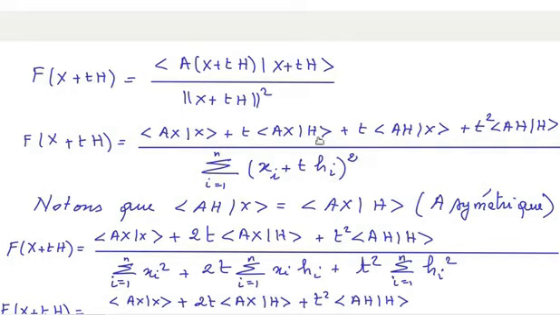Note that the numerator can be simplified since the products Ax dot h and Ah dot x are equal, because the matrix A is symmetric.